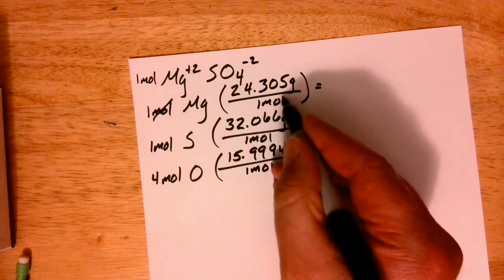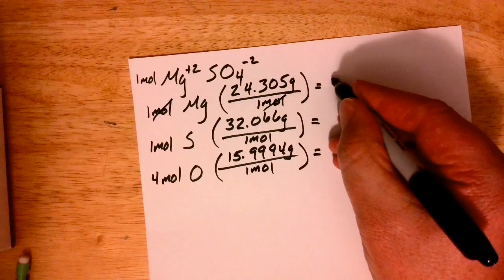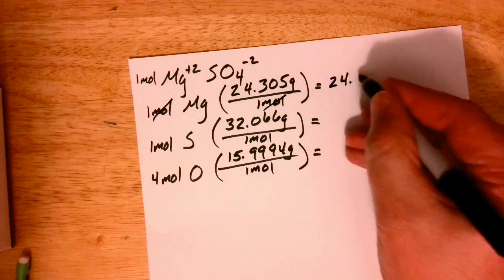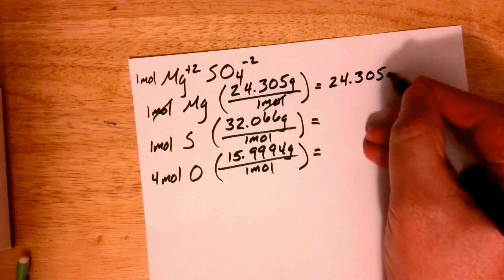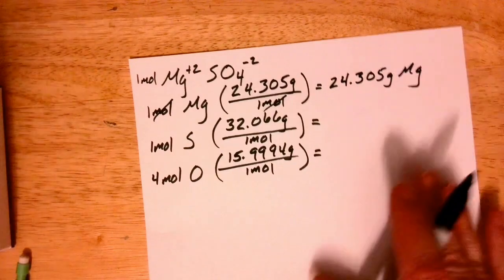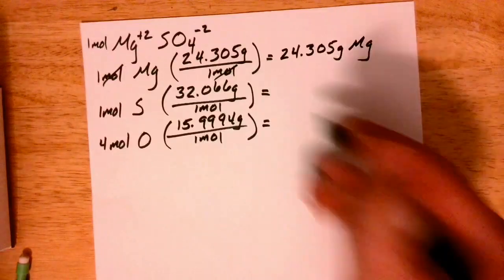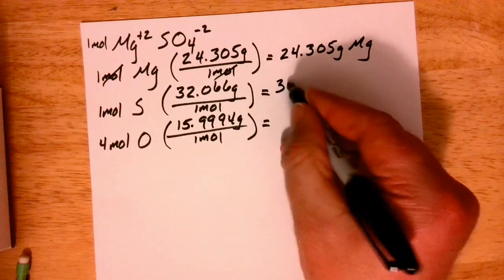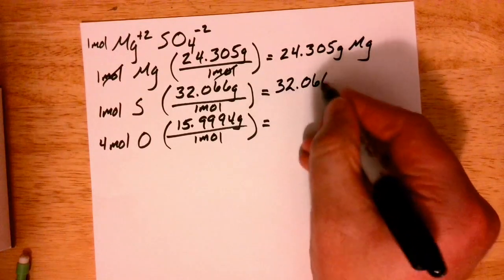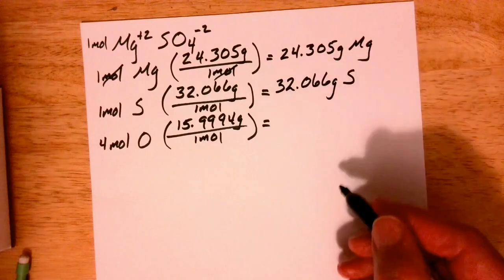So for magnesium, moles will cancel out. I'll give you 24.305 grams of magnesium. Sulfur is 32.066 grams of sulfur.